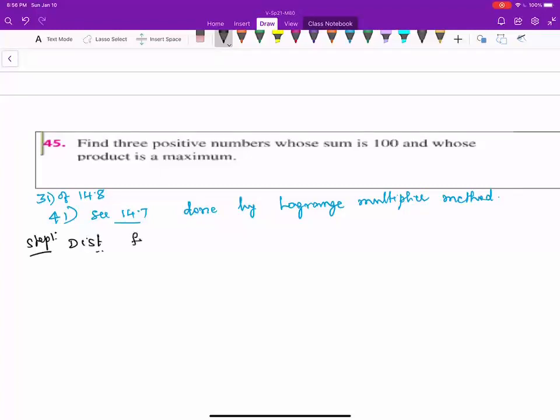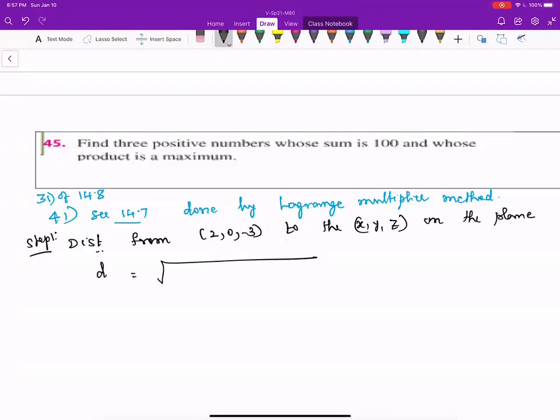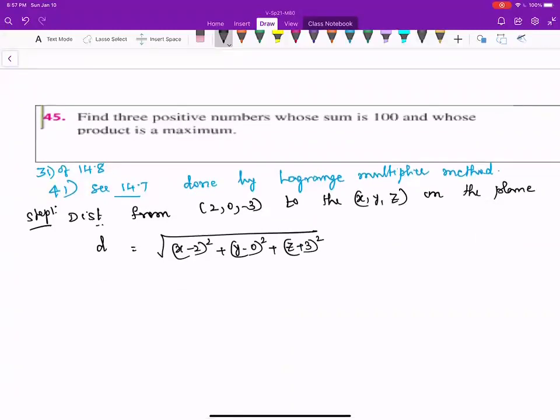The distance from the point (2, 0, -3) to the point (x, y, z) on the plane is given by the square root of (x minus 2) squared plus (y minus 0) squared plus (z plus 3) squared.